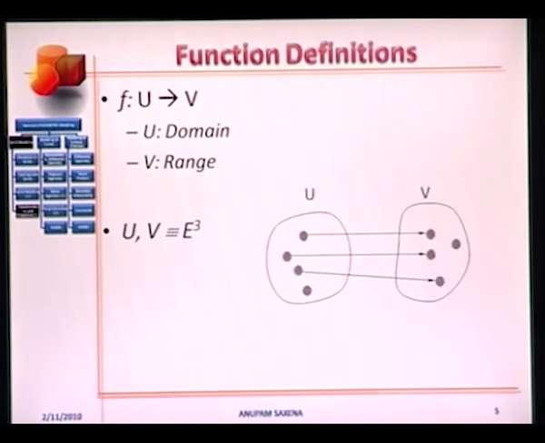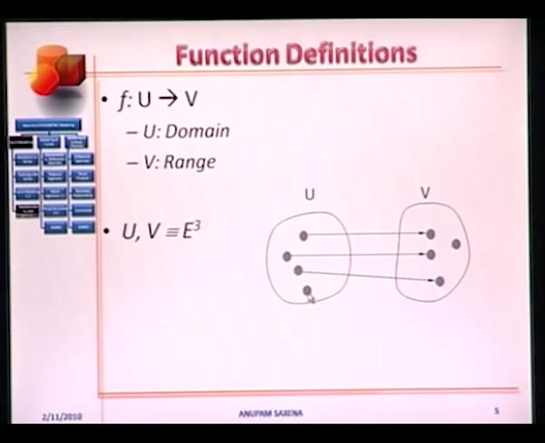Let's look at the definition of a function. Say we have a few elements in the domain U, and correspondingly we have a few elements in the range V. Some elements in U are related to the corresponding images in V. Note that one element in U is not related.